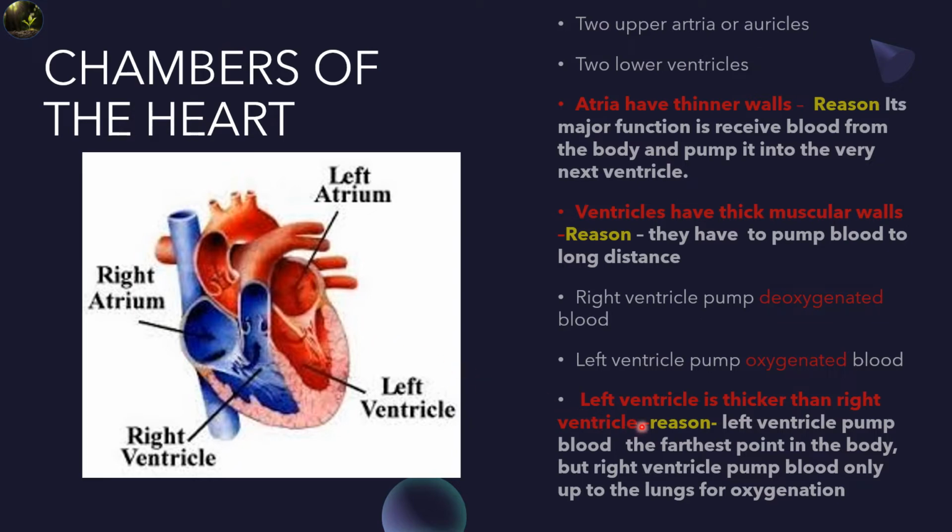The next one, left ventricle is thicker than right ventricle. Why is the left ventricle thicker than the right ventricle? You can see in this diagram, on the left side, the left ventricle is thicker than the right ventricle. Why? The left ventricle pumps blood to the farthest point in the body, from the head till the toe, right?